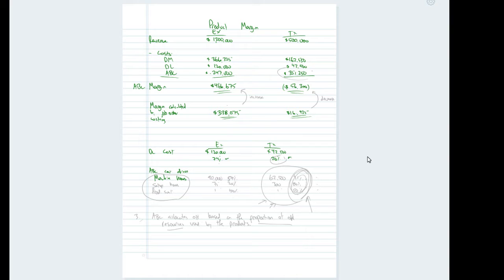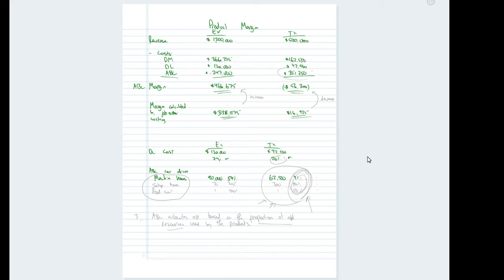That's about 59% and 41%. So the overhead costs that we allocate using machine hours, the EX still gets a higher proportion of them than the TX does, but it's not quite as skewed. It's a little bit more reasonably balanced. Instead of 74 to 26, it's only 59 to 41. So it's a lot closer to being even.